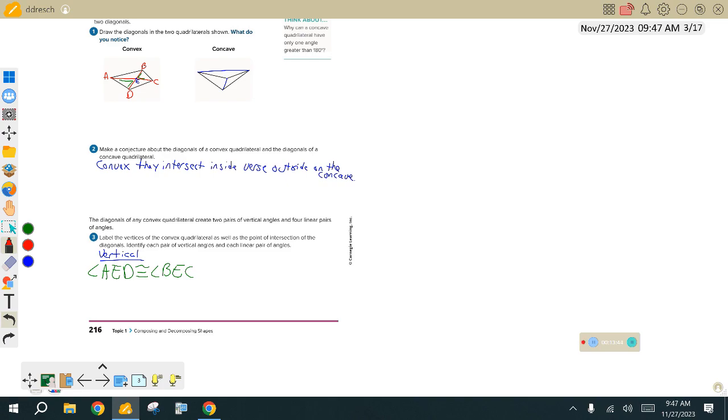The other one that we have there is a linear pair. So let's go back up to that picture. What can we say about an example of a linear pair? Somebody, looking back up at that picture, give an example of a linear pair.